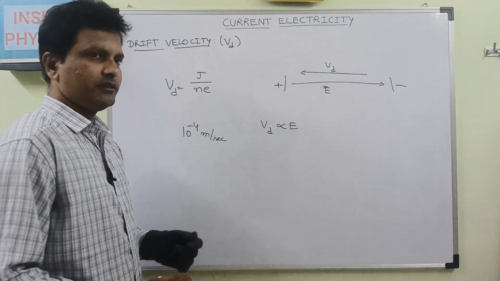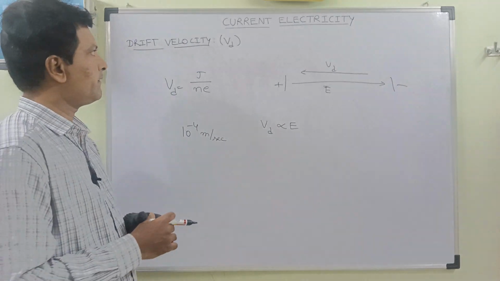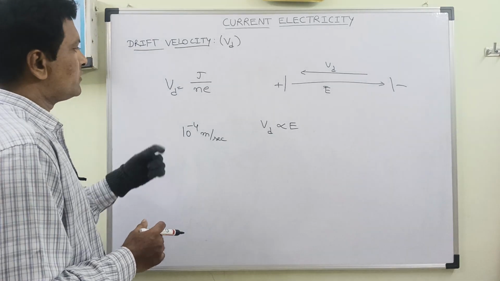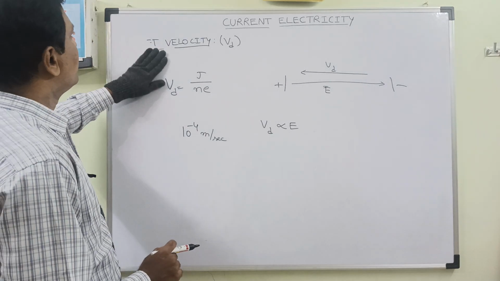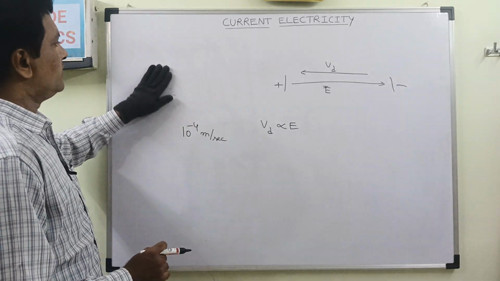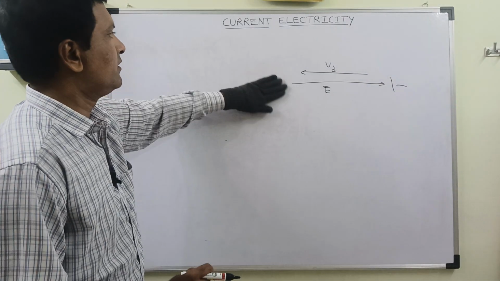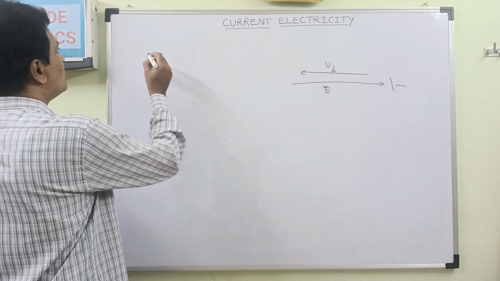So if the field is increased, drift velocity will also increase. So this is about drift velocity, and we will see one more term in this definition part, that is mobility.